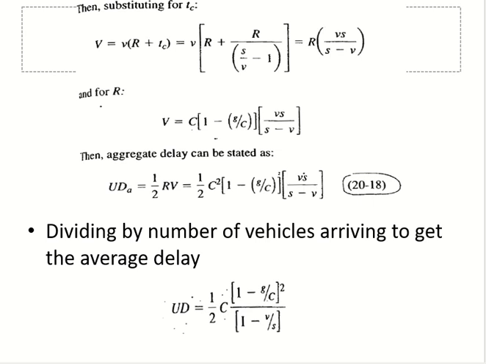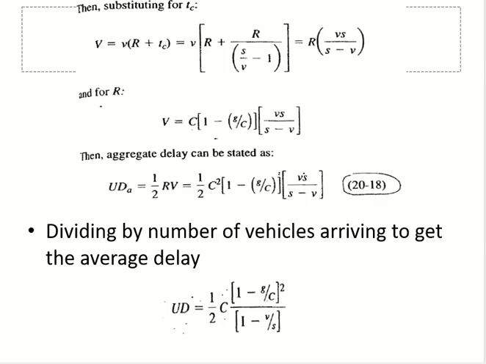This is called aggregate delay, meaning total. This will give you total delay for all vehicles. For example, there were 1,000 vehicles. One of them delayed by 2 seconds, another by 10 seconds, another by 50 seconds. If you add all of them, you get the first thing, the aggregated total.